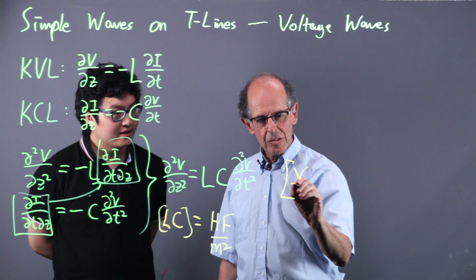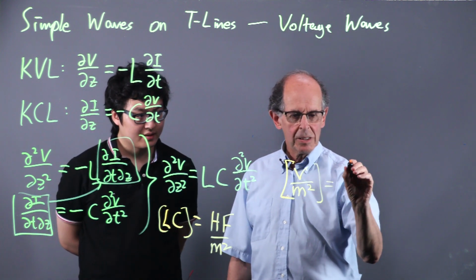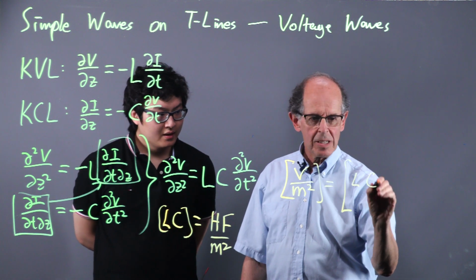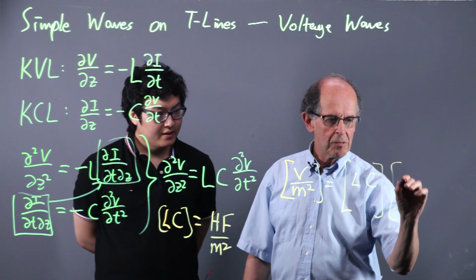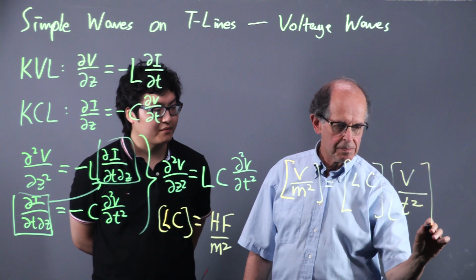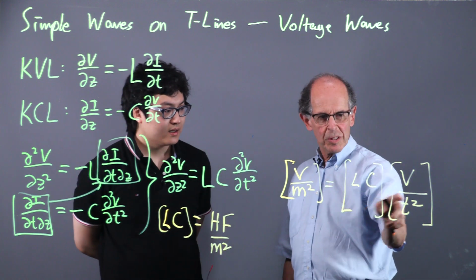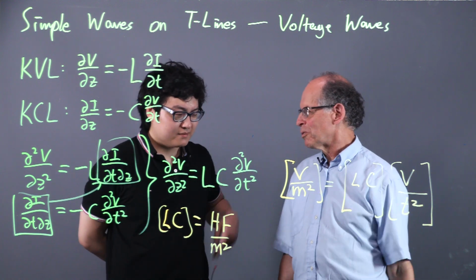So let's write this in terms of units. Volts over meters squared equals units of LC times volts over time squared. That means the units of this have to be such that we end up with volts over meters squared.